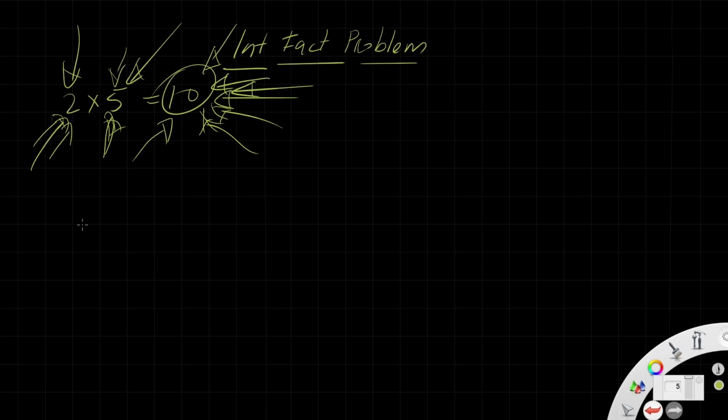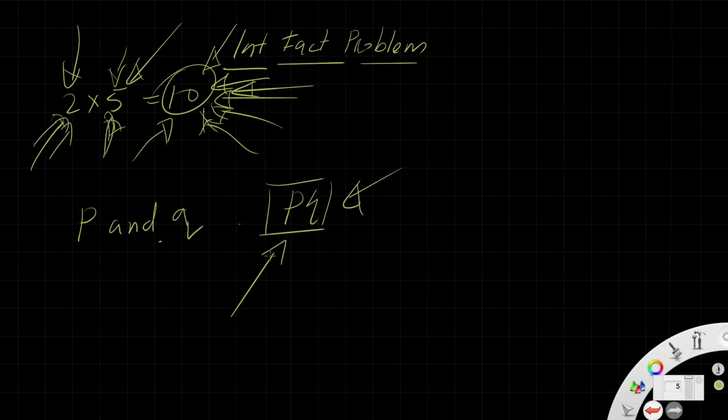Let's say the prime numbers are P and Q, and PQ is the number we have. The difficulty of finding P and Q given PQ, P times Q, is what we call the integer factorization problem. And this is what we are going to use for public key infrastructure.